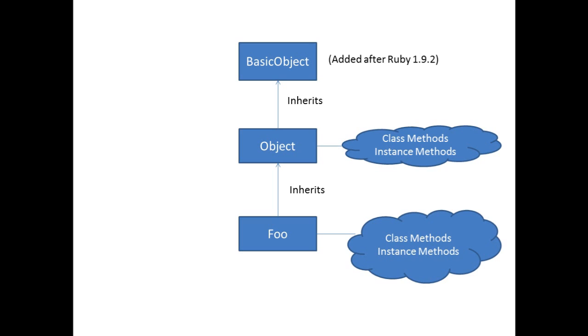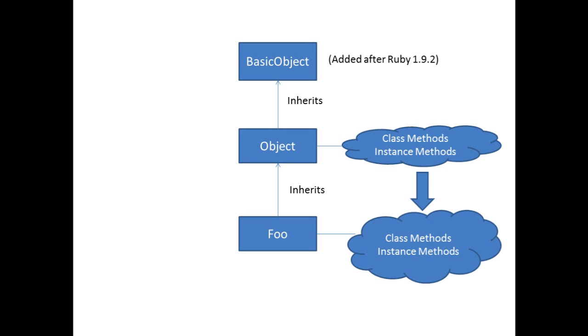Being the subclass of the object class, foo inherits all the class methods and instance methods from object class. For all the methods that are inherited from the object class, foo can either leave what it was or it can override that method. And it can also enrich its method pool by adding more methods.